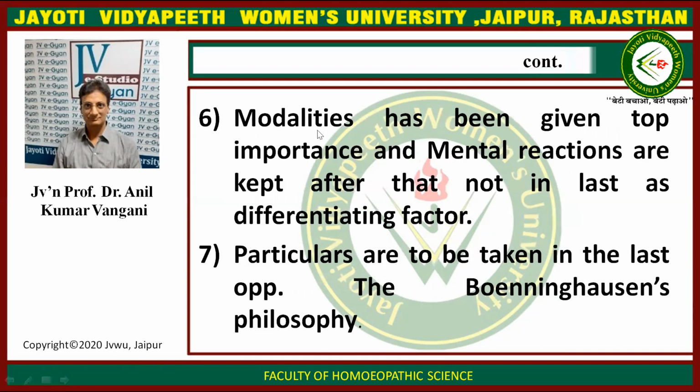So here I have discussed that modality has been given top importance with the mental on the next, whereas in Boenninghausen's method, we have seen that mental is taken in last as differentiating factor. Thus, it becomes very important in Boenninghausen's work. Particulars are taken here in the last, whereas in Boenninghausen they are taken primarily.